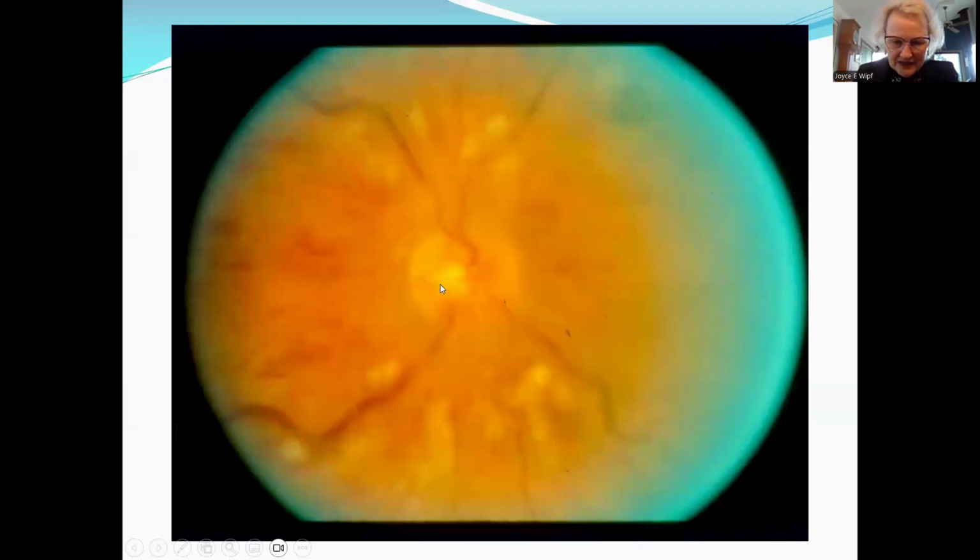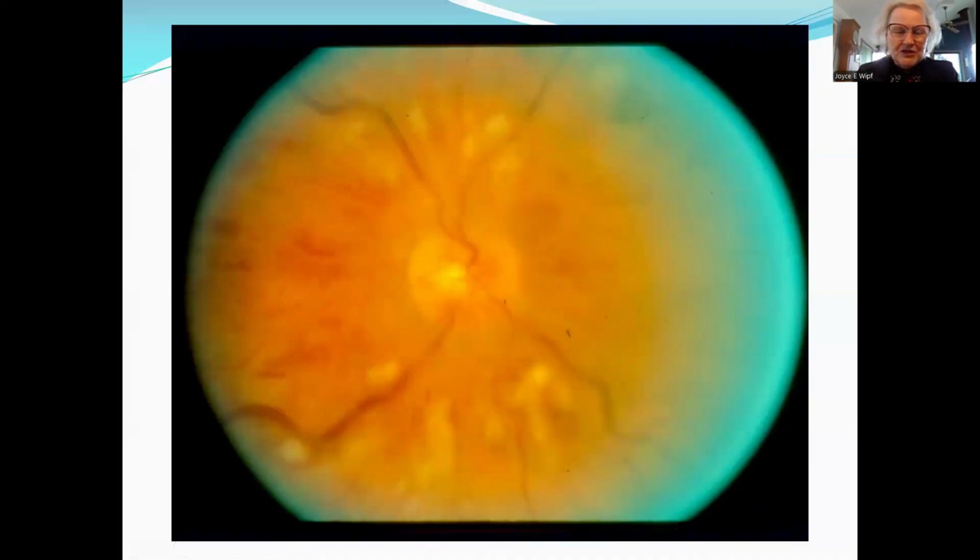And we see here again this marked blurring of the disc. Can barely make out the physiologic cup, with the edema, blurring of the disc retina margins. This case also shows these fluffy white infiltrates, and that is cotton wool spots, which is a microischemia of the nerve fiber layers.